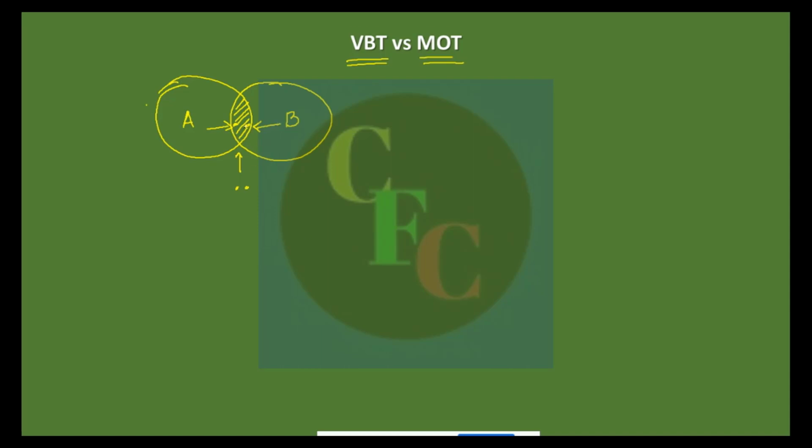Now this electron that is contributed by A, as we have discussed in our previous lectures, these orbitals are nothing but wave functions, and these boundary surfaces show that this particular electron can be found 95% within this space.